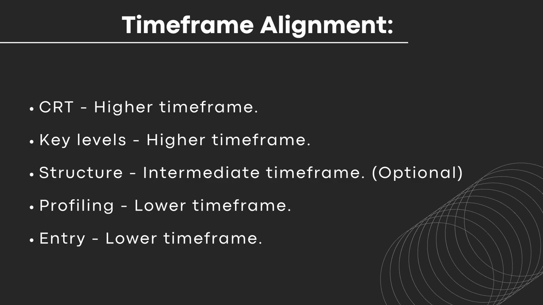Then we've got the lower time frame, which will be used for two functions: for profiling the market, meaning using market profiles to anticipate other profiles, and for taking entries and finding entry setups. That's where you're going to execute your trades. So these are the three main time frames we'll use for our particular style of trading.